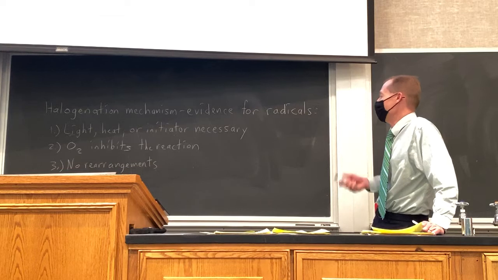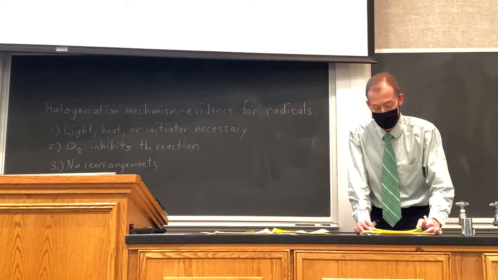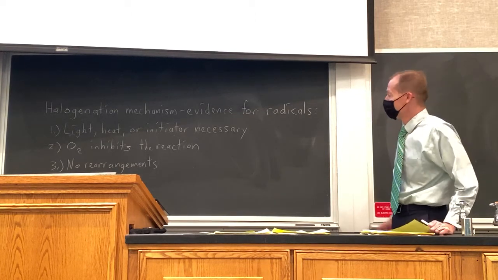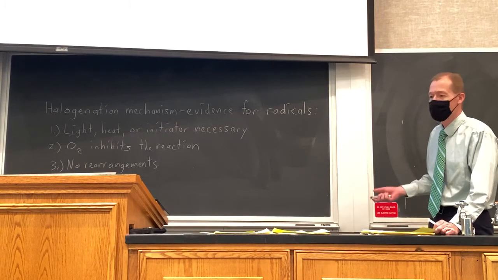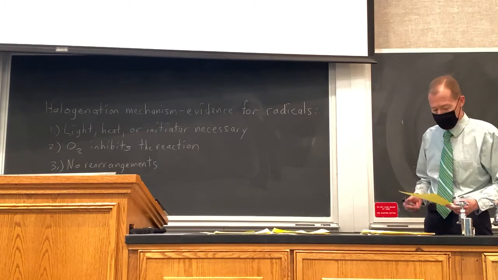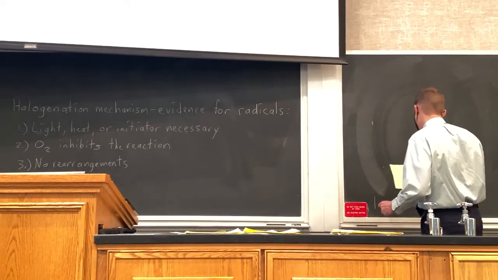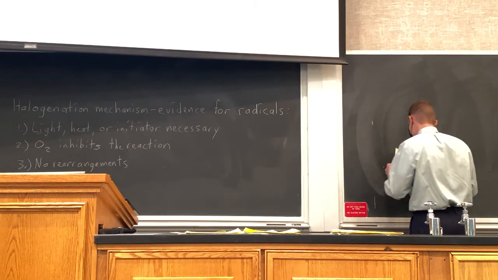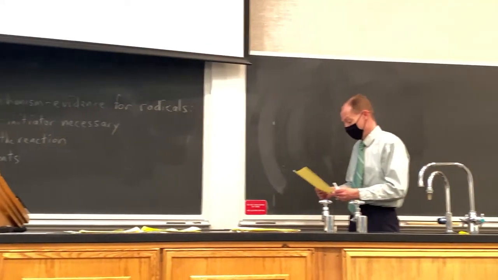This is indirect evidence for a radical mechanism, and the first 2 points are direct evidence for a radical mechanism. So with these pieces of evidence, we can construct a proposed mechanism for halogenation of alkanes. And it's going to be a different type of mechanism than mechanisms that we've drawn before.